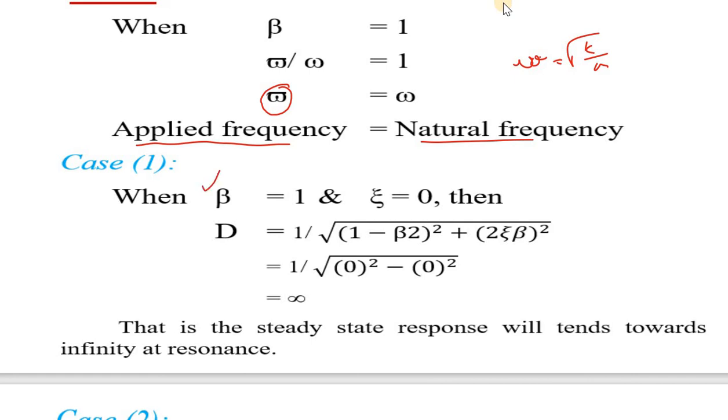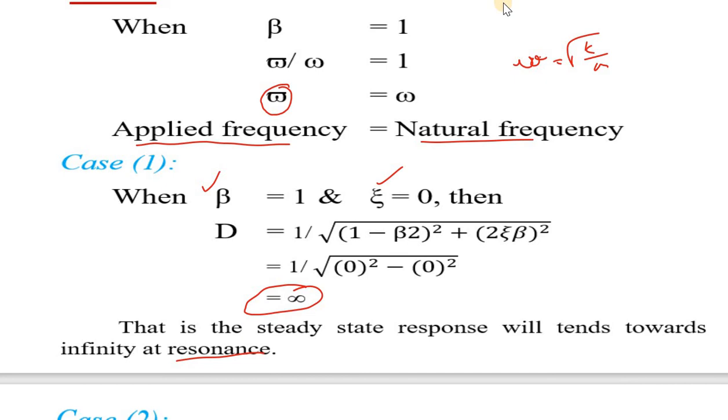When beta is equal to 1 and theta is equal to 0, then D will be infinity. This is a steady state response which leads to resonance. This is very important. What is resonance? Resonance means that if I have a loading, and that loading frequency is equal to the natural frequency, then what will happen? The vibration will be, dynamic loading means vibration.